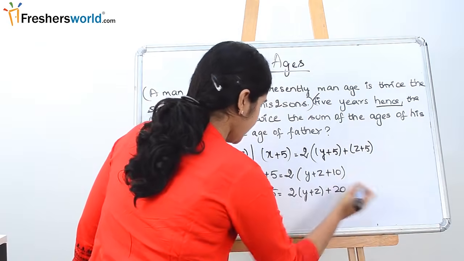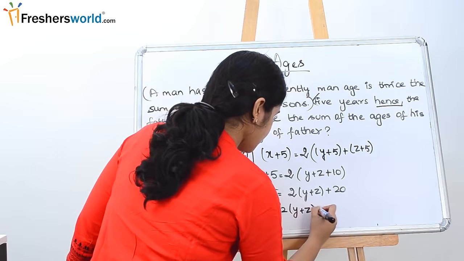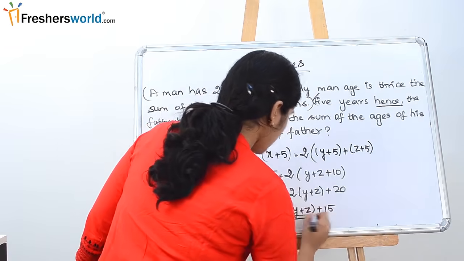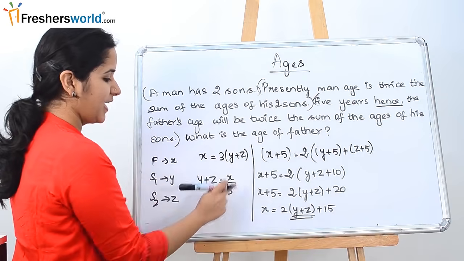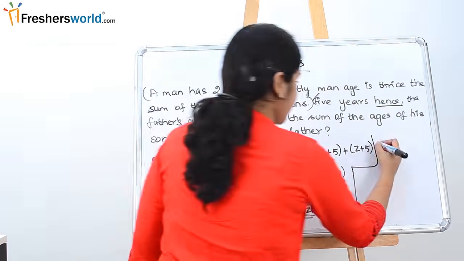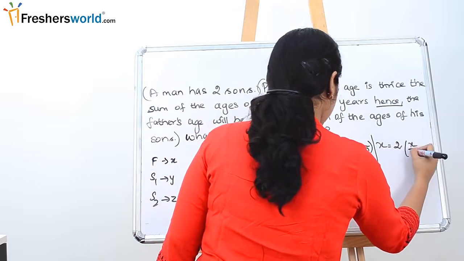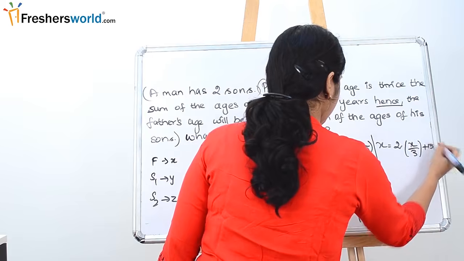So, let's take the 5 to that side. So, X is equal to 2(Y plus Z) plus 15. So, we know that Y plus Z is nothing but X by 3. So, we are going to substitute it there. So, X is equal to 2 into X by 3 plus 15.